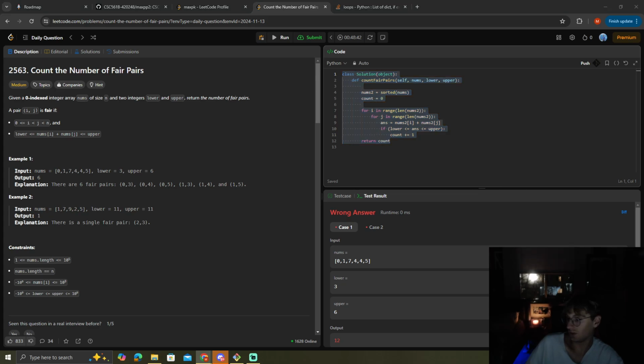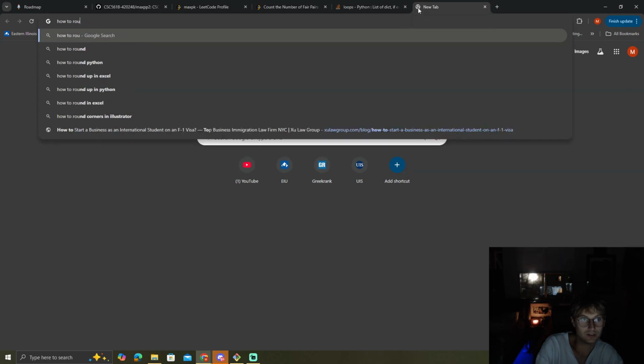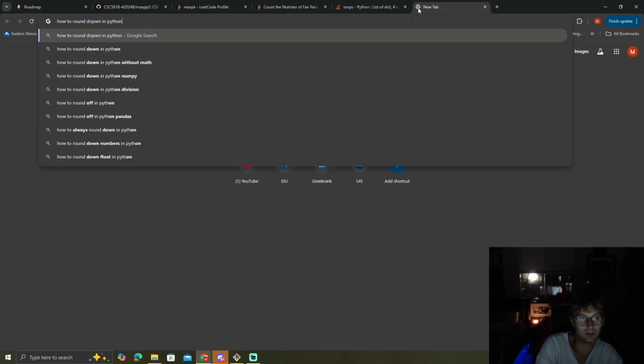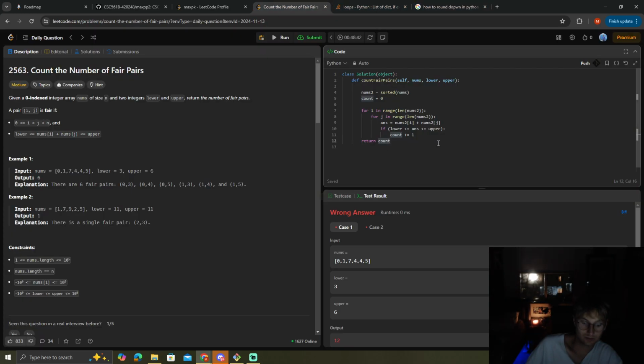See what ChatGPT says. I wonder if we can just do math.floor. Oh shit. Before I use ChatGPT, return math.floor of count over 2. Bro, I wonder if this will work.